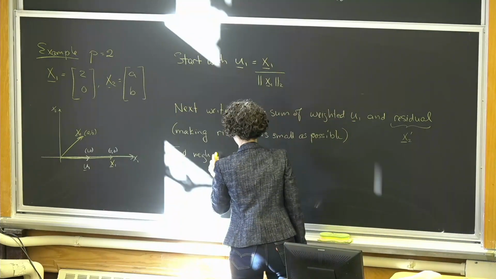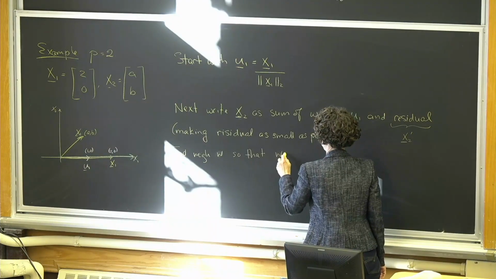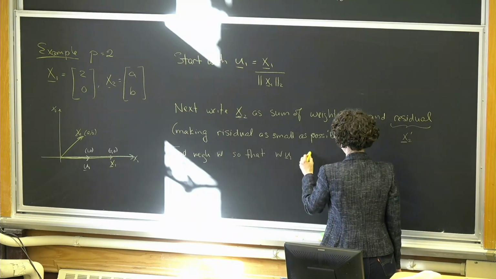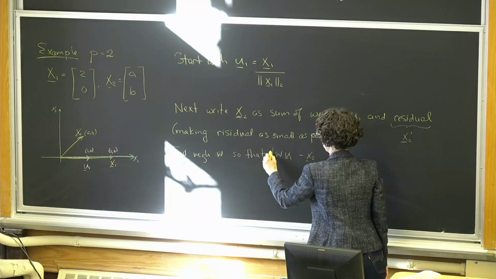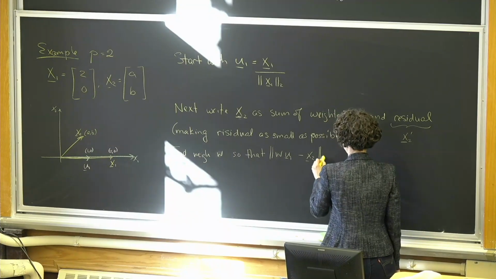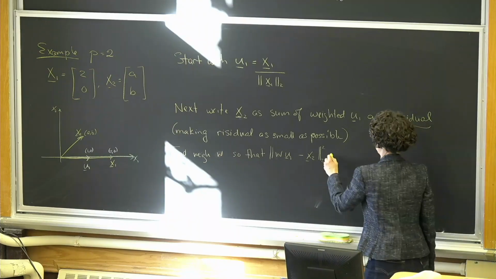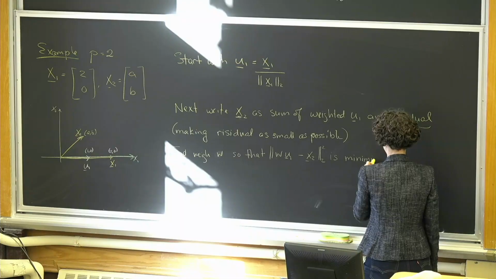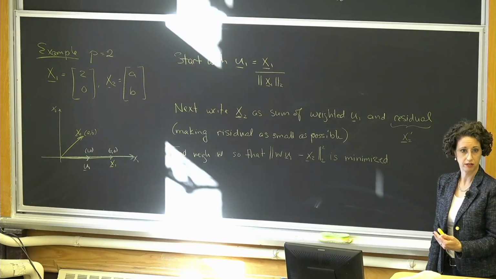Find a weight W, I guess, so that if we were to look at that weight times u1, it's as close as possible to x2. And we're going to measure as close as possible by just looking at the sum of the squared errors. So we want to make this sum of squared errors as small as possible, minimized. And so what weight would accomplish that?